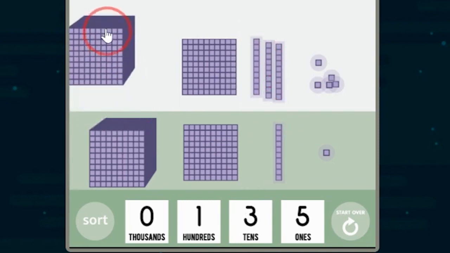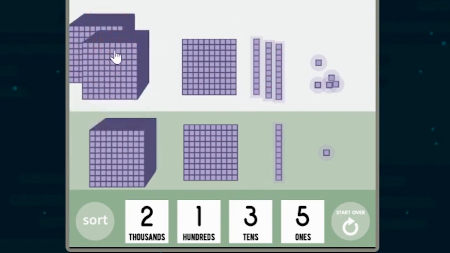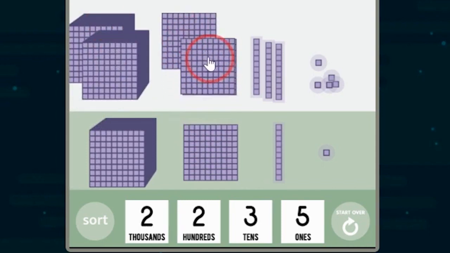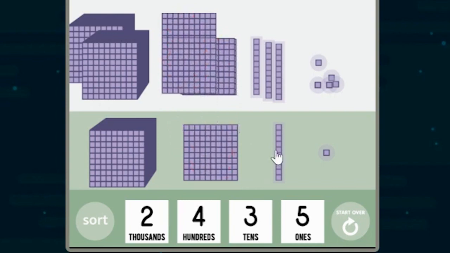Now I'm going to make an even bigger number. Let's make the number 1,000, 2,000, 200, 300, 400, and 40, 5, 6, 7, 8. 2,448.